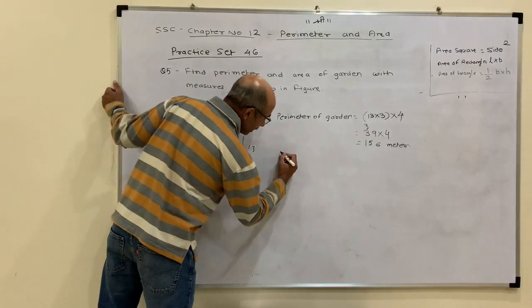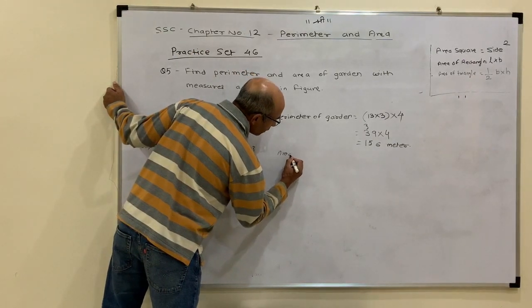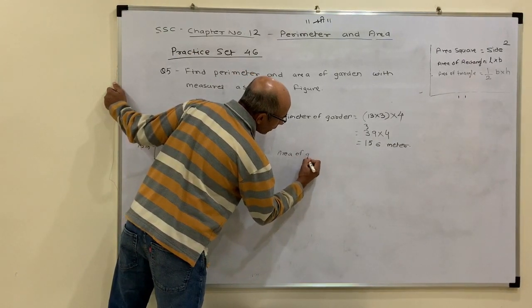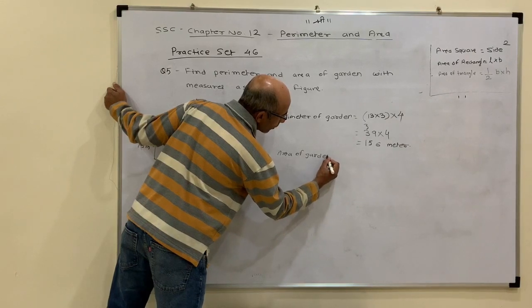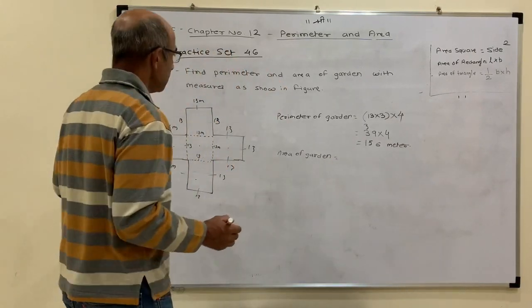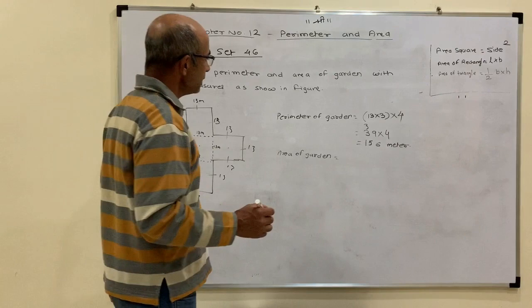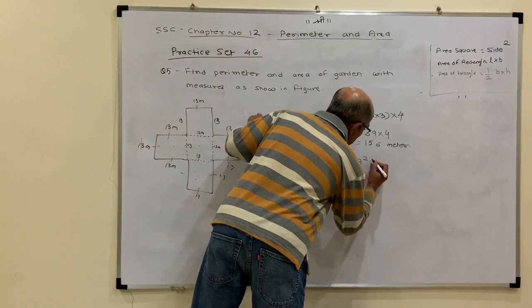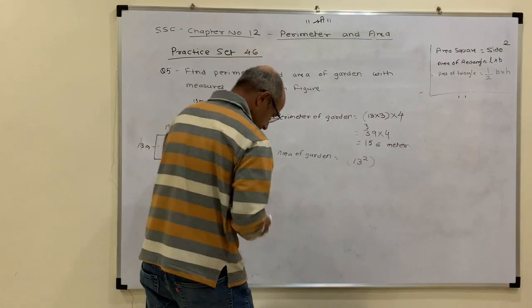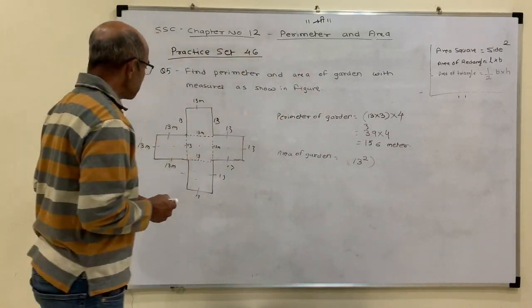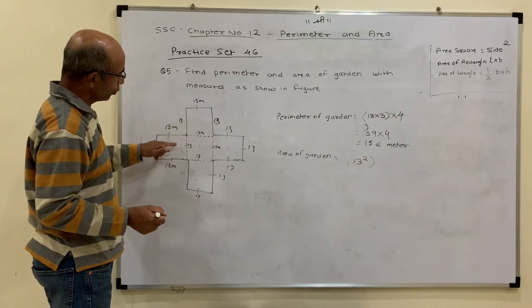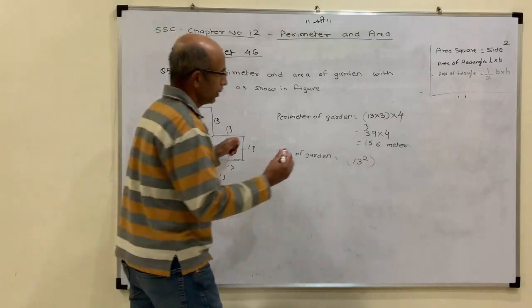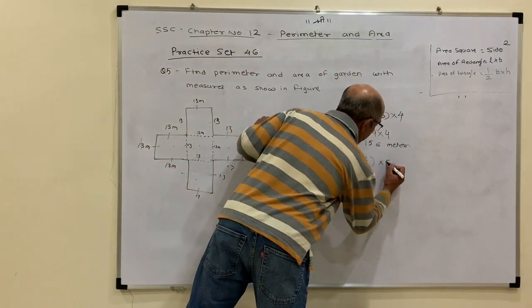So the total area of the garden equals the area of a square, which is side squared. So 13 squared, and how many such squares are there? There are 1, 2, 3, 4 and 5 squares, so it will be 5.